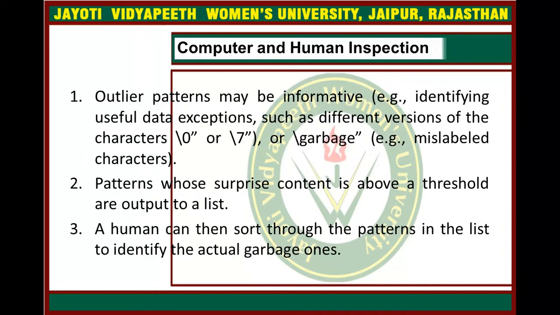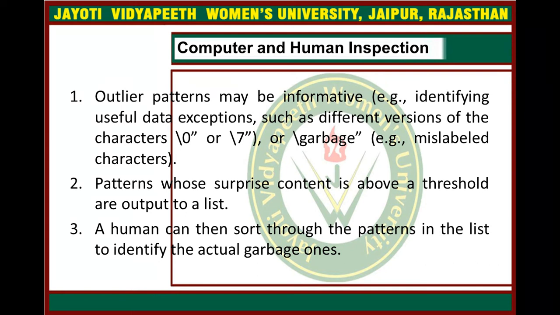Now the outlier pattern may be informative. Example, identifying useful data exceptions such as different versions of characters, like slashed zero or slashed 7, or garbage, for example mislabeled characters. So these all come into outlier patterns, which may be informative.